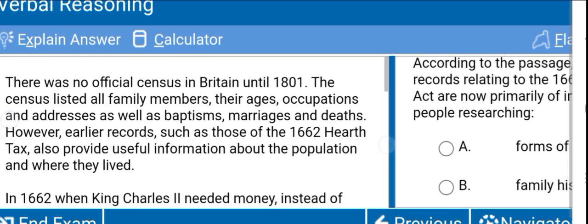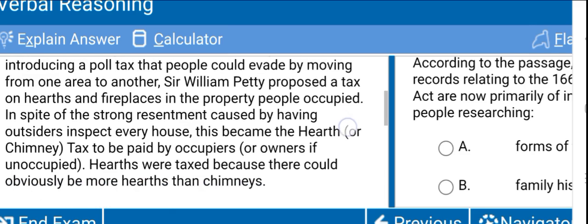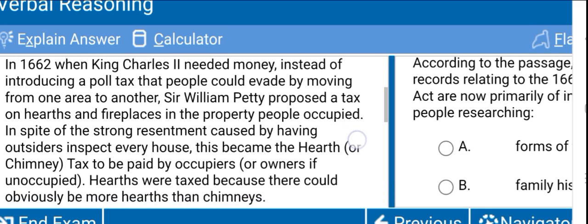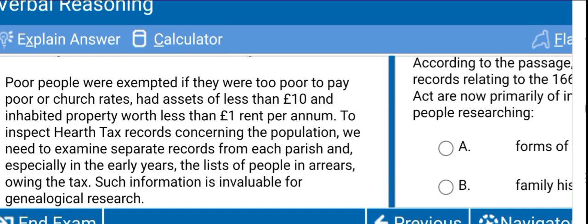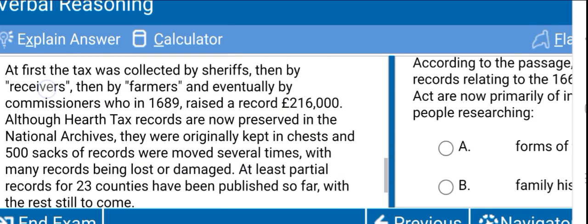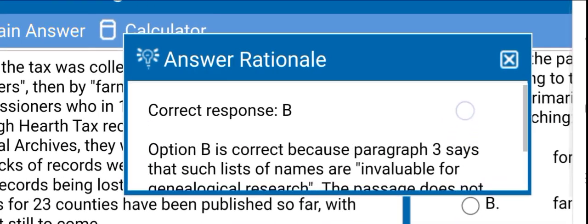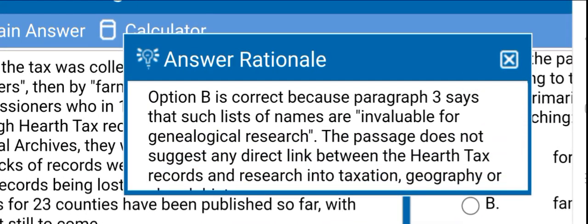So now here we have these passages to find out our answers for that statement which is given to us. So option B is correct because paragraph 3 says that such lists of names are invaluable for genealogical research.